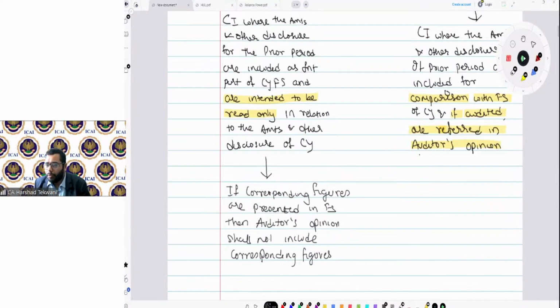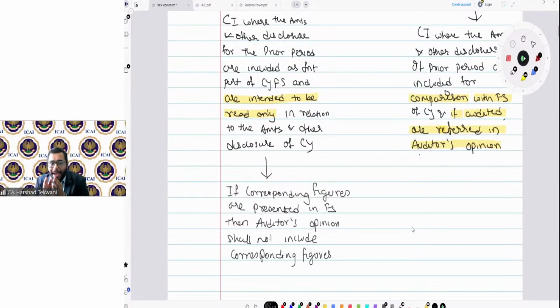Now, the reason for not having an auditor's opinion on the corresponding figures is that the auditor's opinion is on the current period financial statement as a whole. If I'm issuing my opinion on the current period financial statement as a whole, then the corresponding figures are part of that.